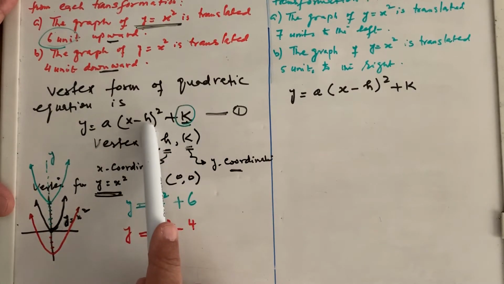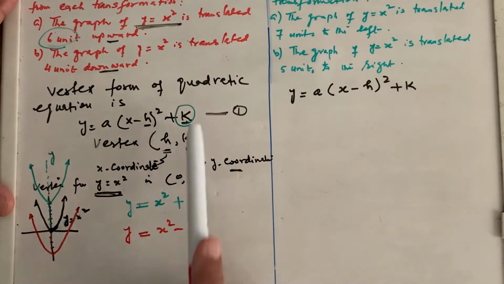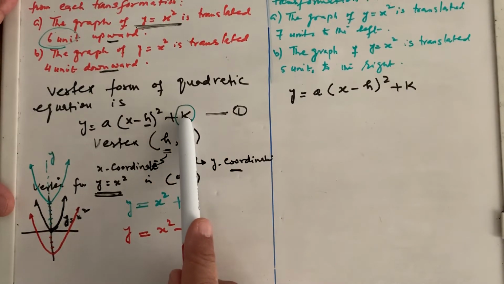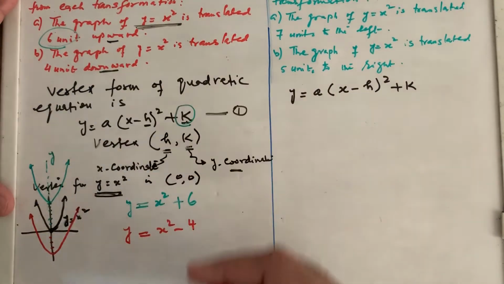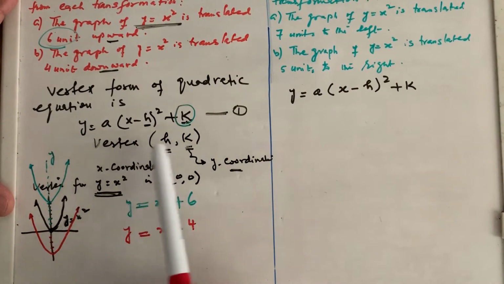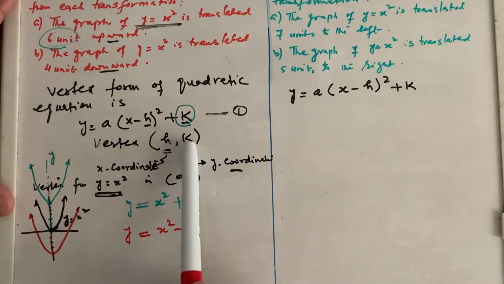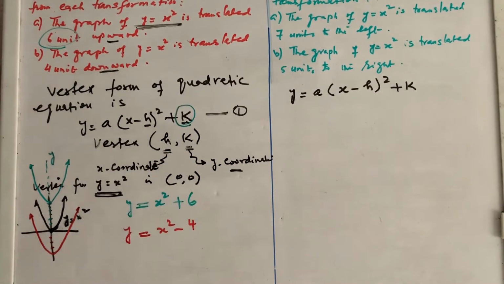This h is telling you how the x is translating on the x-axis, and this k is telling you how much is translating on the y-axis, right? Because h and k is the vertex. H is the x coordinate, so it's telling about x, where x is translating on the x-axis, and if k value is present, then we know that it is translating on the y-axis because it is a y coordinate.